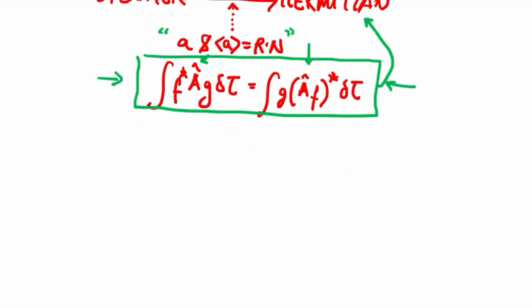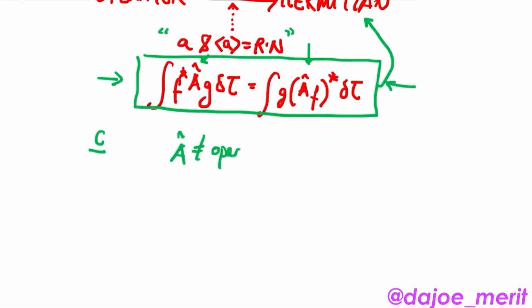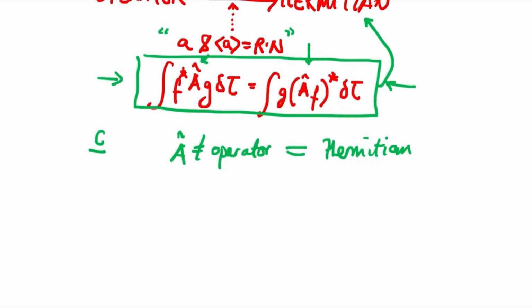So in conclusion, what do we have to infer from this? What we infer is that for A to not be just an operator but rather a Hermitian operator, we need to introduce restrictions.